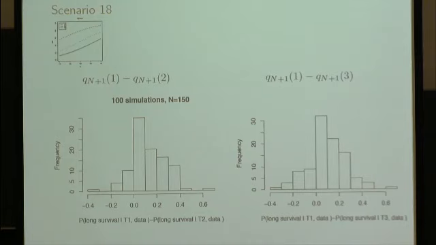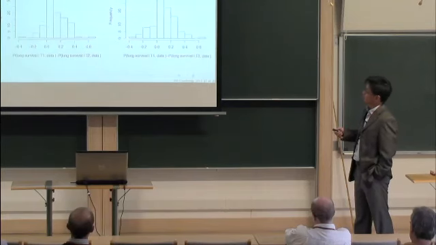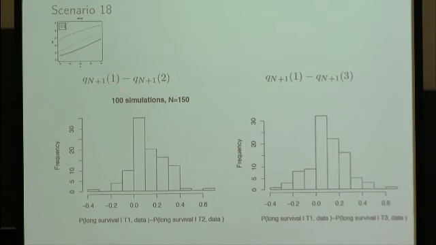These histograms show you the difference between the posterior predictive probability for the 151st patient, if that patient, in this case a woman because this is breast cancer, were treated by treatment 1, minus the posterior predictive probability if she were treated by treatment number 2.